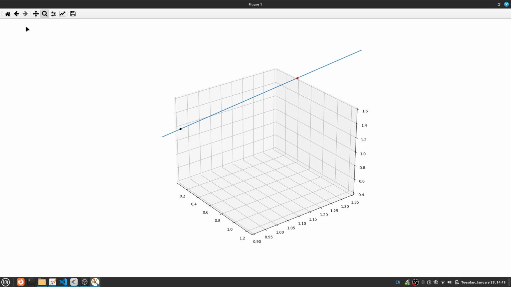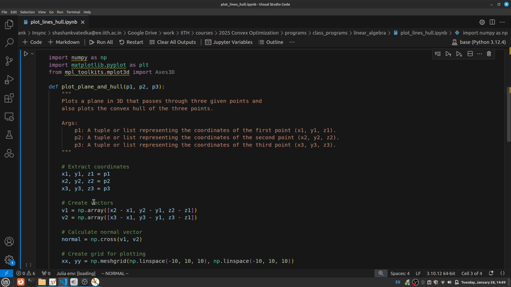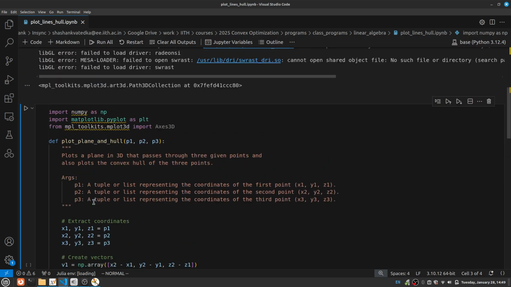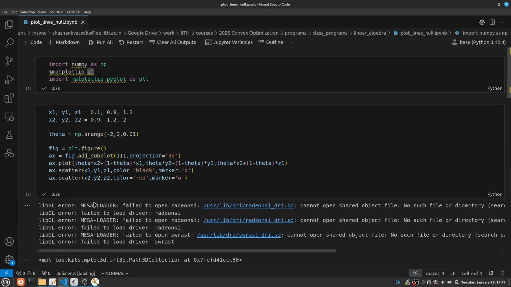Right, so you can zoom in and see this. You basically get the straight line that passes through these 2 points. So this is x1, y1, z1, and this point is x2, y2, z2. Right. So now let's also see the ray that originates from x1, y1, z1 and moves in the direction of x2 minus x1.